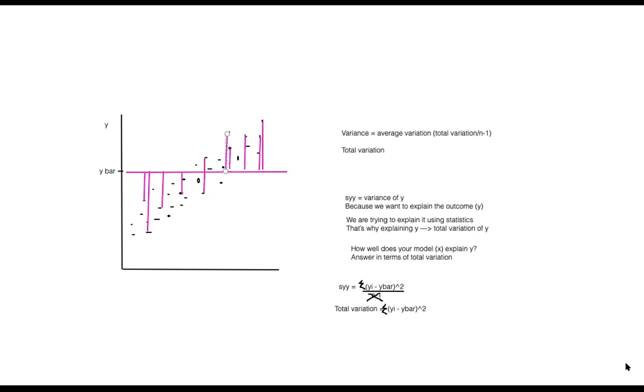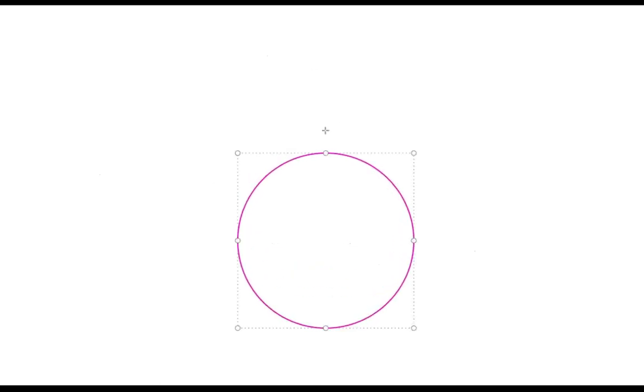So now suppose this is the total variation in my dependent variable. It is this much. I'm going to split it up into, for now, 2 equal halves. That's not going to be the case in general.